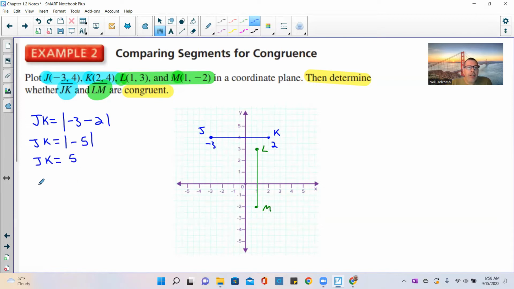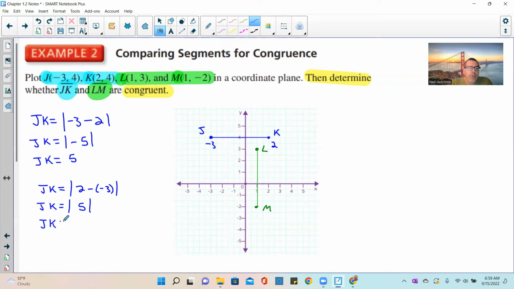Now, what if we did it the other way? What if I said, well, let JK equal the distance between the right end, 2, and I'm going to subtract the left end, and that's careful, minus a -3. And so then, if we did it this way, we'd get the absolute value of 2 minus a negative 3, which is 2 plus 3, and that's going to give us a positive 5 in the absolute value bracket.